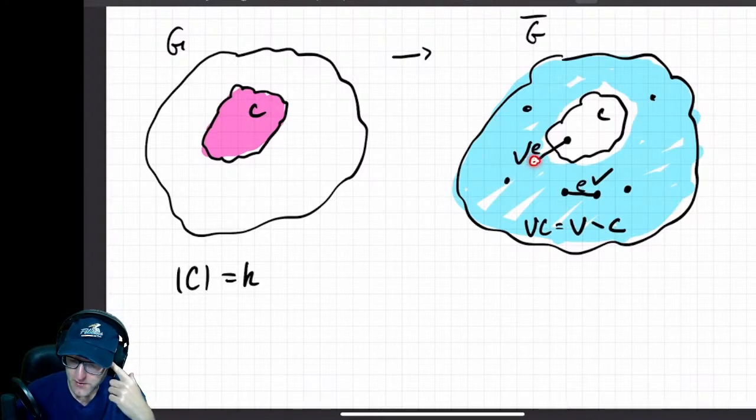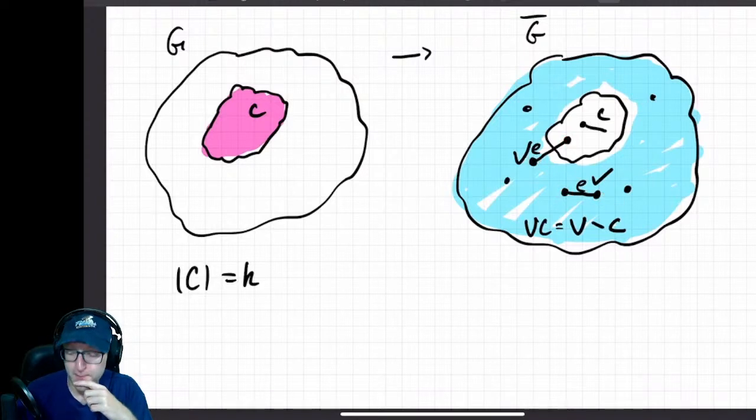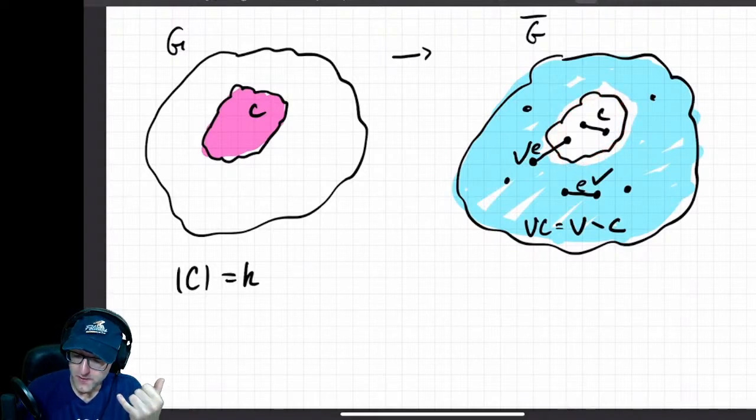Now, the only case that we have to take care of here is what happens when we've got an edge within this where both of its endpoints are within this set right here. I'm going to argue that that's not possible. This is an edge in the complement graph.